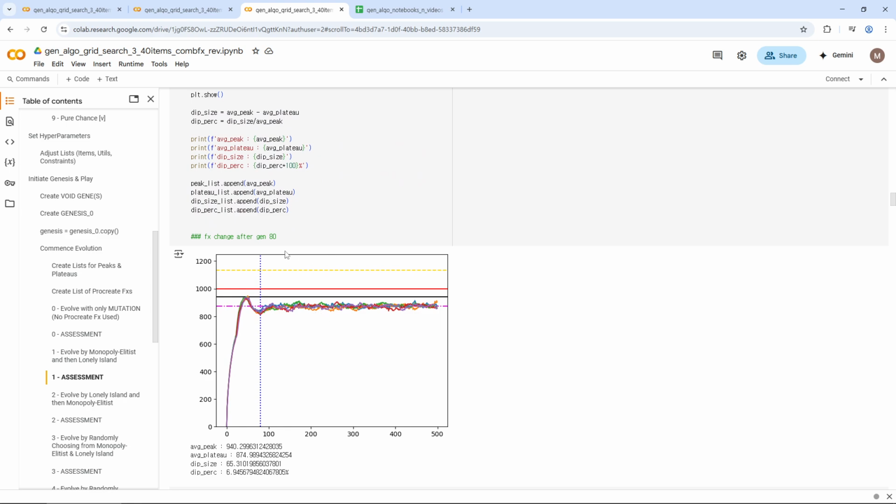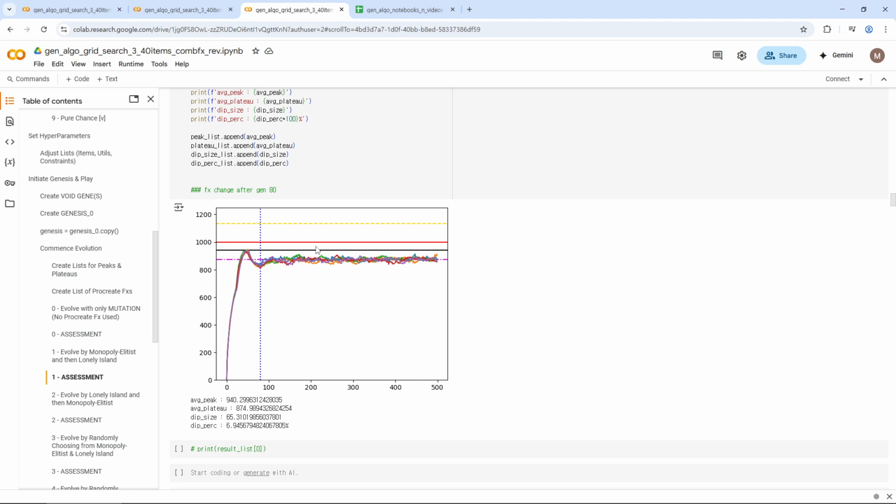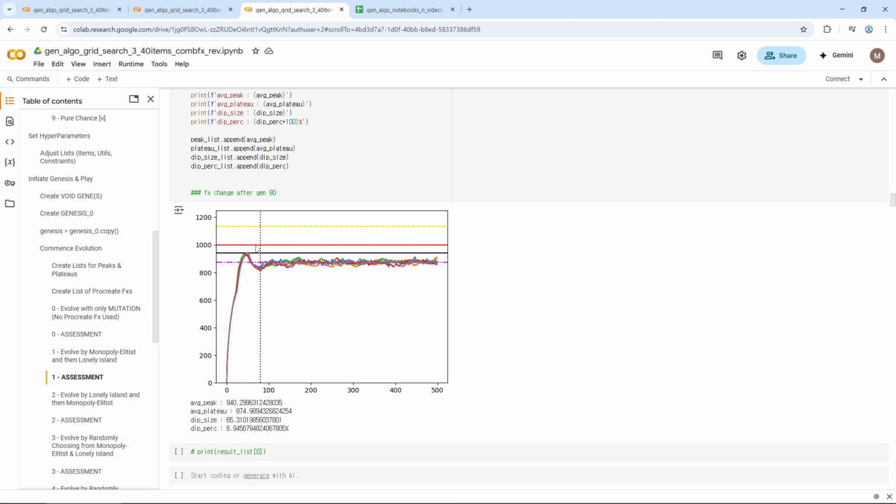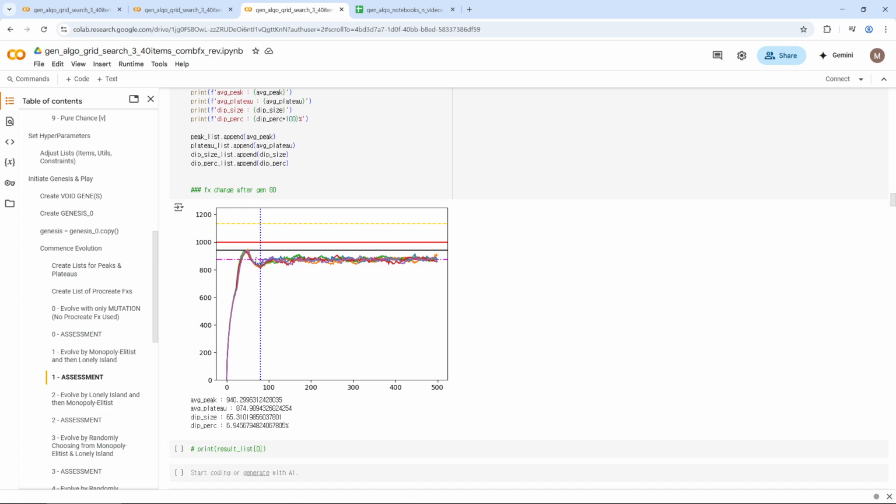But here the same is also shown, as we can see that the first procreate function, being monopoly elitist, did achieve that initial peak, and maybe the peak that never recovered.